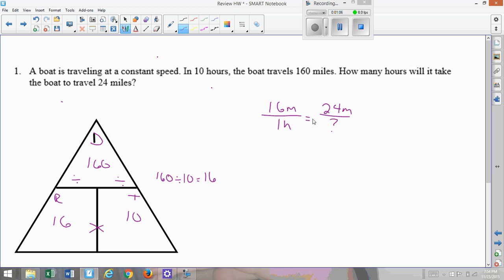So if you crisscross divide here, it makes it a lot easier. 1 times 24 equals 24. 24 divided by 16 is going to equal 1.5, I believe. 8/16, which is 1 1/2. So the answer is 1 1/2 hours.